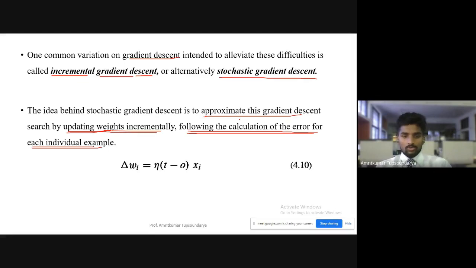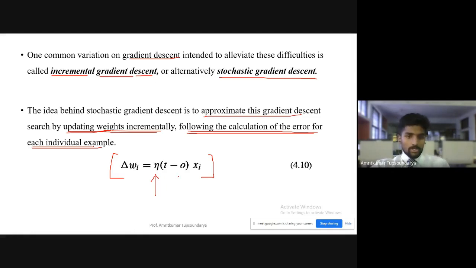Now, just to give you an overview of it, this is the formula that we have already seen with respect to the change in the weight, right? Delta Wi is equal to the product of three elements. The first one is the learning rate eta, which is usually a positive constant, a very small value, maybe 0.1, 0.5, any small value.